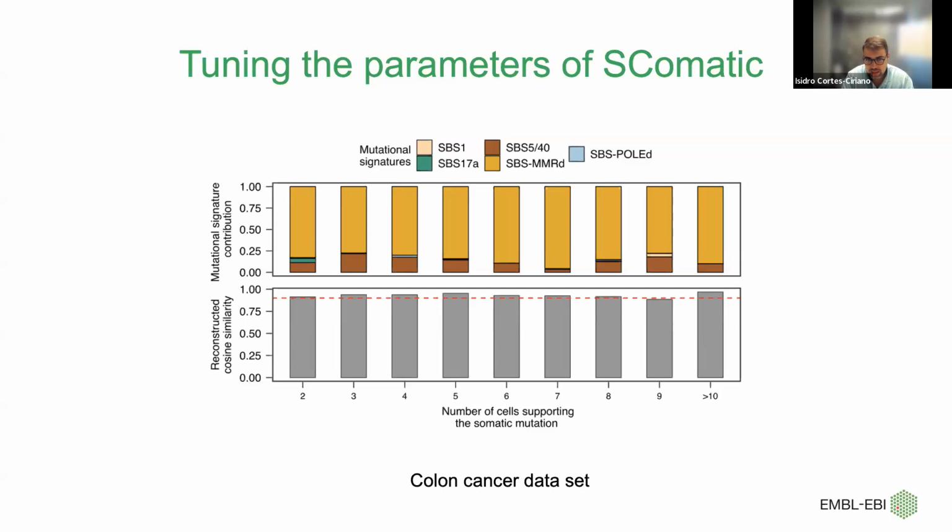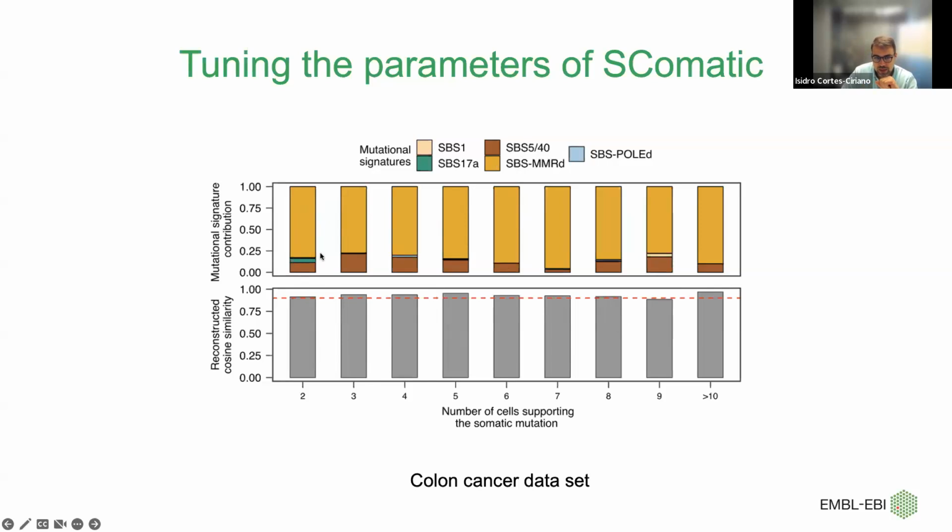The colorectal cancer dataset is very useful for development because, as part of the samples, the MSI ones, are hypermutated, we have a large number of mutations to do analysis with. And what we did in this precise analysis is to perform mutational signature analysis on the mutations detected in only 2 cells, cancer cells, epithelial cells, 3 cells, 4 cells, 5 cells, etc. And then we compared the assignments, or the contribution of different mutational processes to the spectrum that we detect.